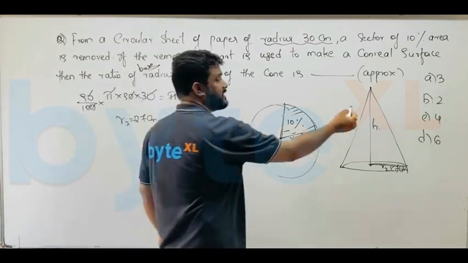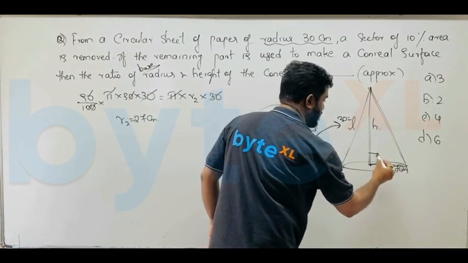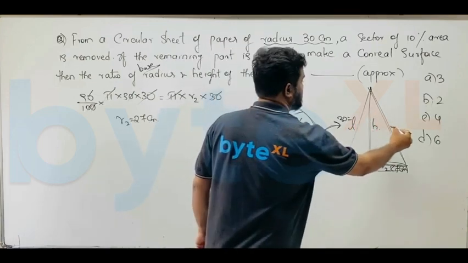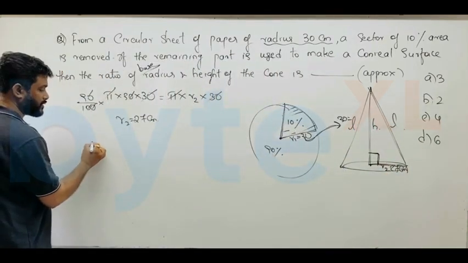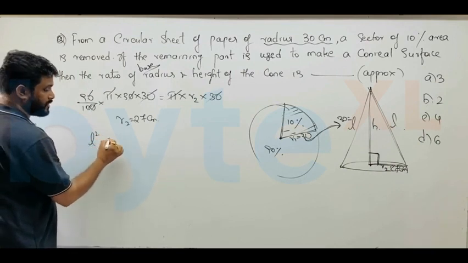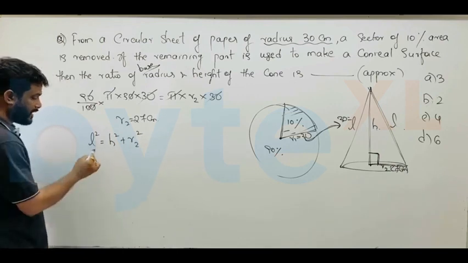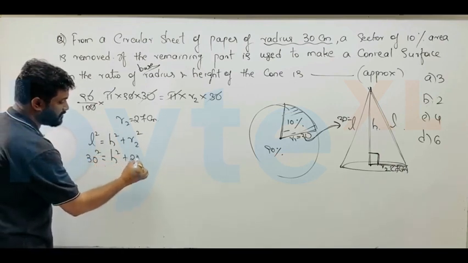First of all, my dear friends, this is a right angle triangle, and here is the right angle, and this is L. Using Pythagoras, the hypotenuse square, L square, is equal to h square plus R2 square. That means 30 square is equal to h square plus 27 square.